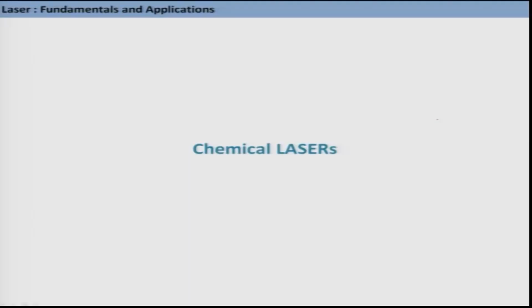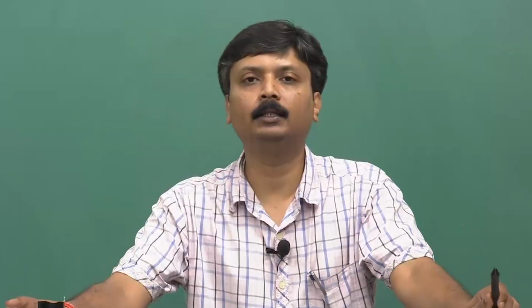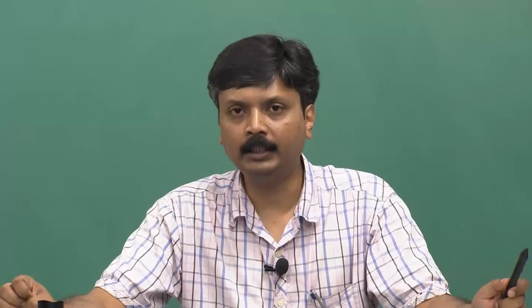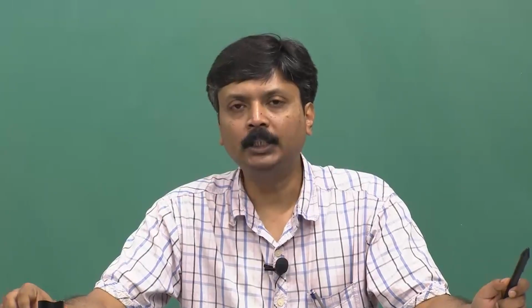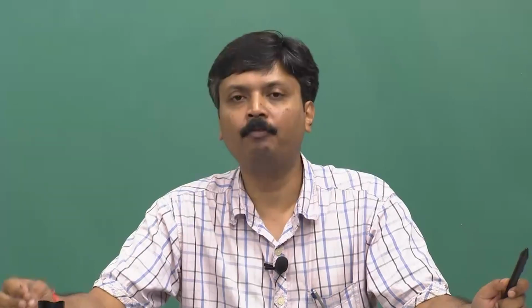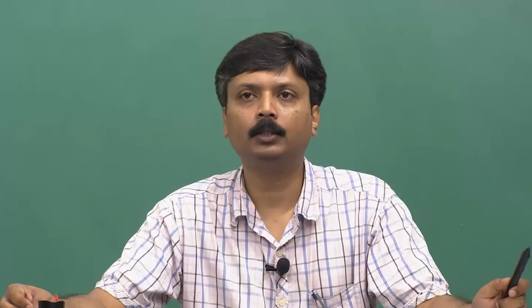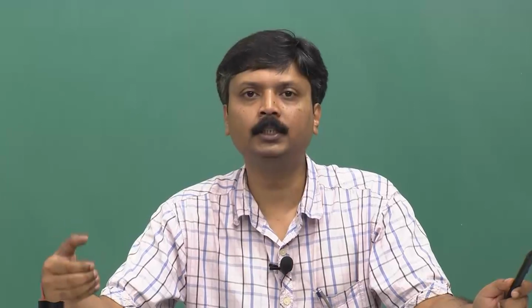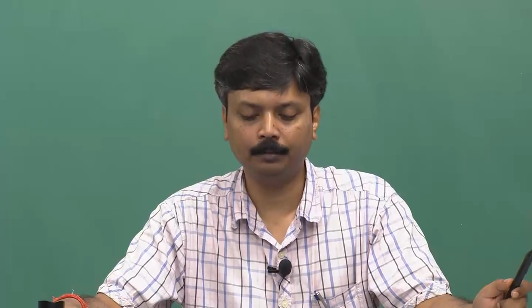So next we will talk about a totally different type of laser, which is the chemical laser. From the name itself you can understand that certain chemical reactions take place which provide systems that give rise to levels or energy states that ultimately can give us laser action.